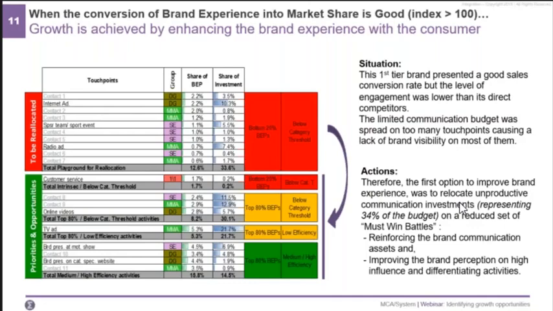So what the tool enabled this business to do was to redeploy 34% of their budgets within the existing total amount. So it didn't cost them any more, but it allowed them to eliminate wastage and to reinvest in the things that were most important in order to win. So what the business was able to do is to identify where is it that there is an opportunity, and then how do we find the resources to go and fund that.